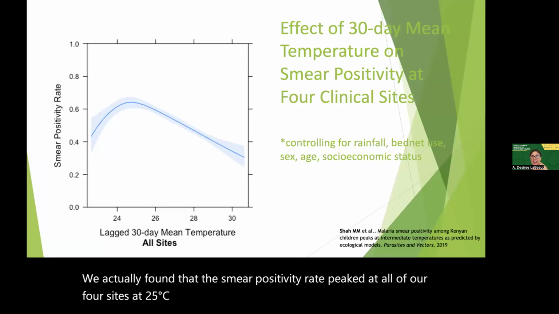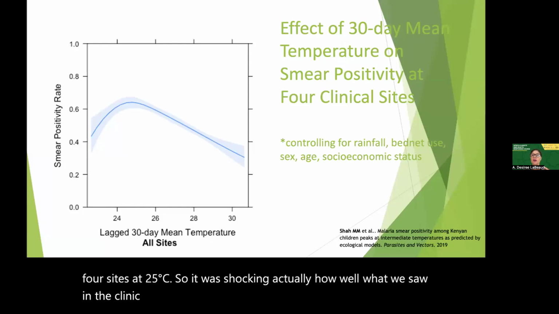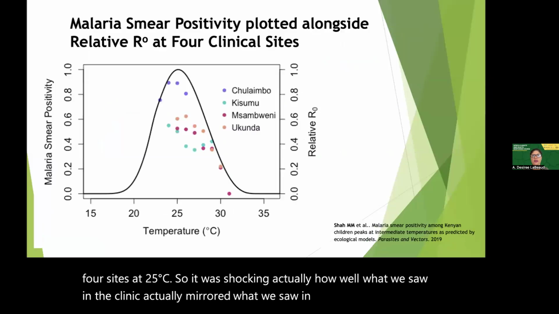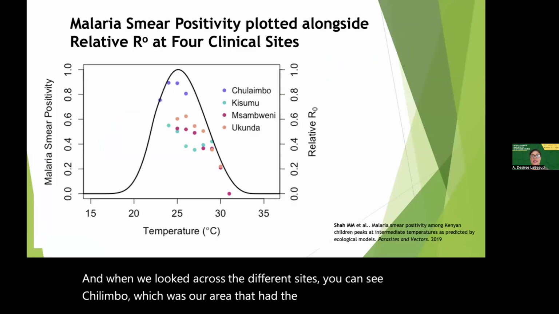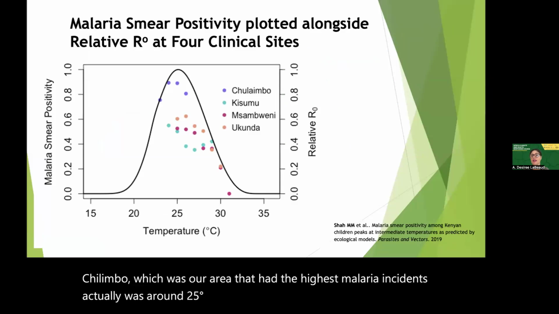It was shocking, actually, how well what we saw in the clinic mirrored what we saw in our ecological models. And when we looked across the different sites, you can see Chilaimbo, which was our area that had the highest malaria incidence, was around 25 degrees most of the time of the year.